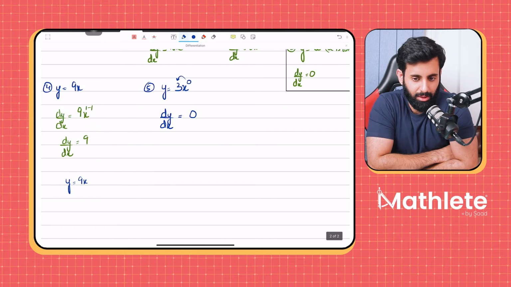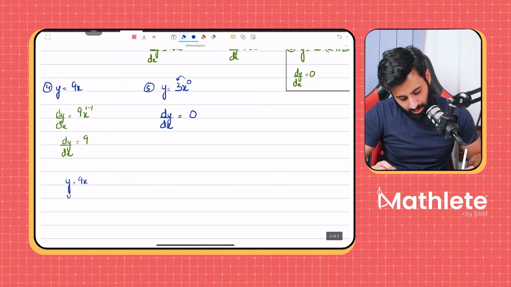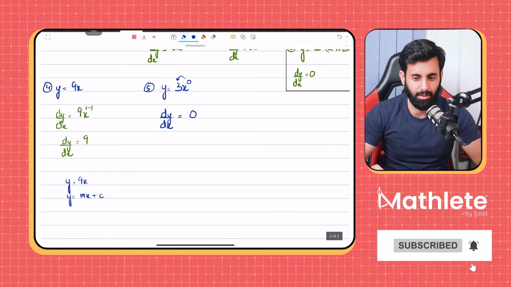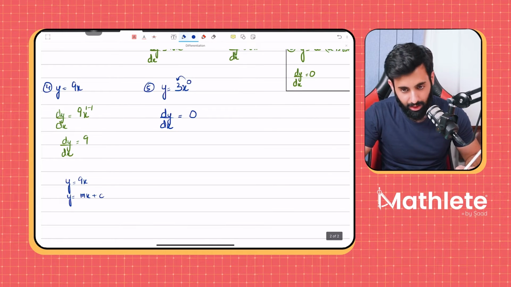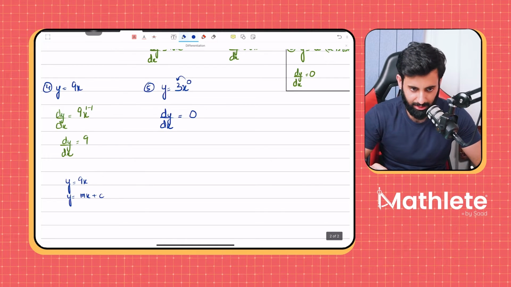Anyone? y equals 9x is the equation of a straight line. Very good. Now, from this straight line, can you tell me what the gradient is? It's 9. That's correct. And once we used the differentiation rule, we got the exact same answer.